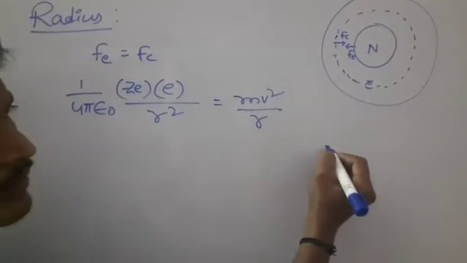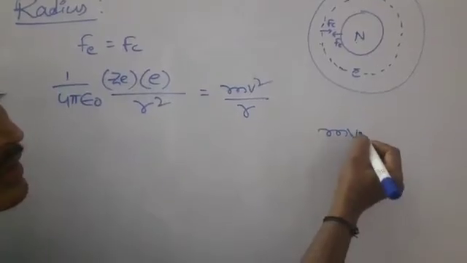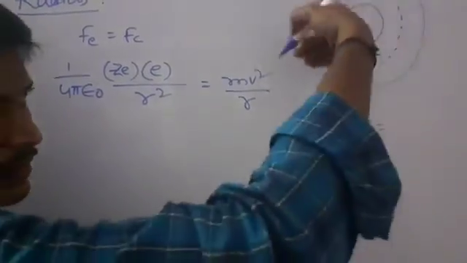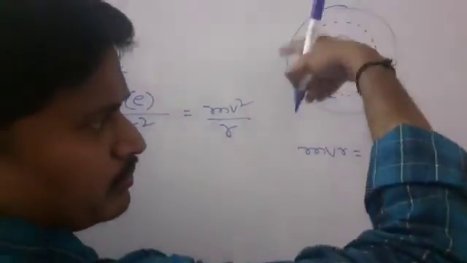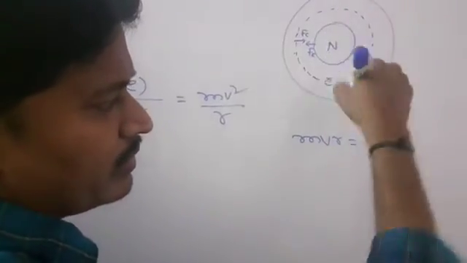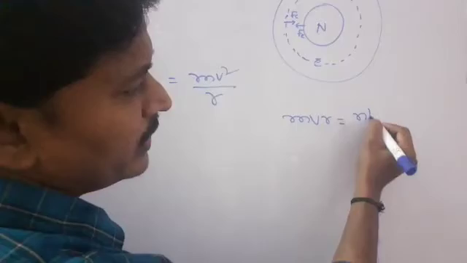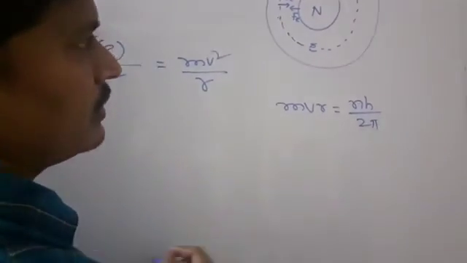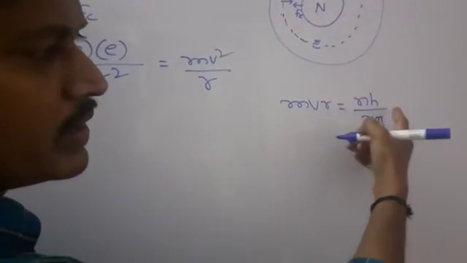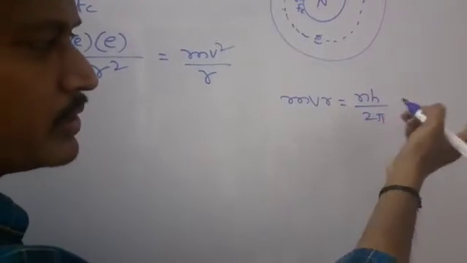According to the conservation law of angular momentum, mvr is equal to nh by 2 pi. The angular momentum of the revolving electron is equal to integral multiples of h by 2 pi.